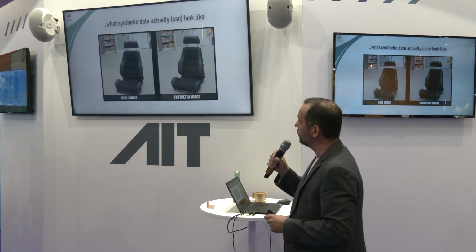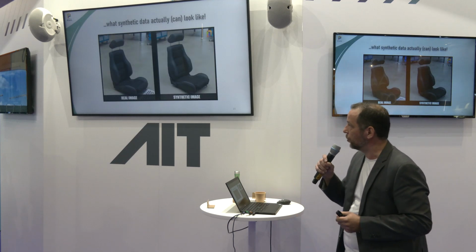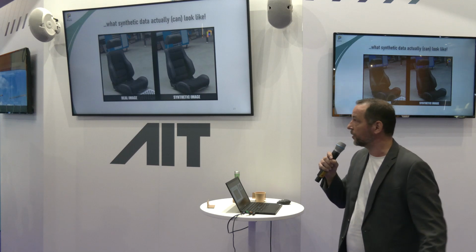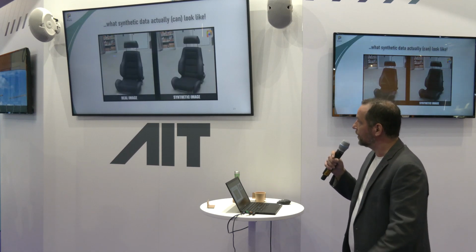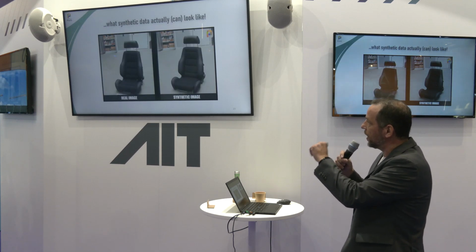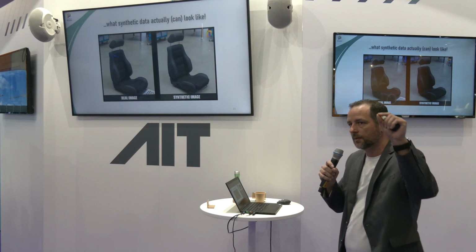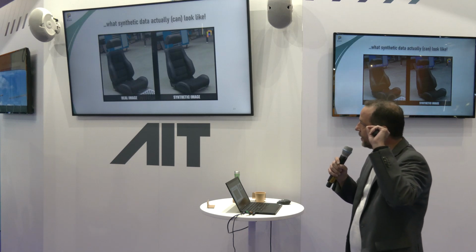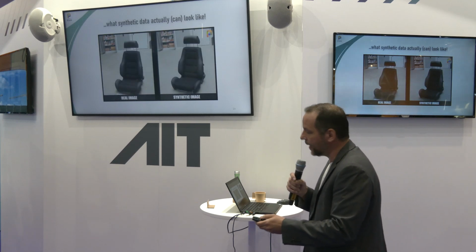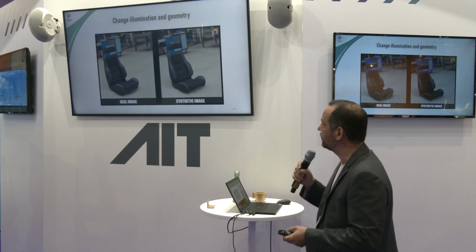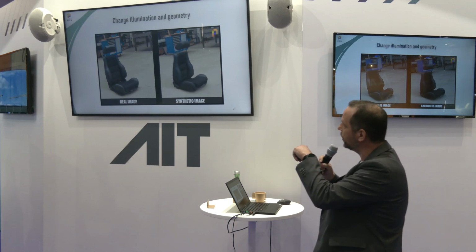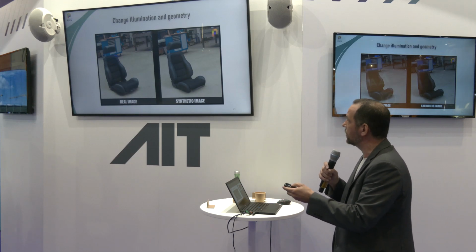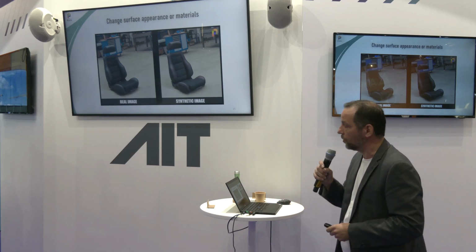And you see we can perfectly reproduce the real-world data, but reproducing the real-world data does not make so much sense, you would say. The only thing I want to show you with this is that we are able to generate data points that are really, really close to the real distribution. And if we can do that, then in the next step we can start changing things. So if we start in the digital twin, we change the illumination, we change the geometry, we change the color of the objects.